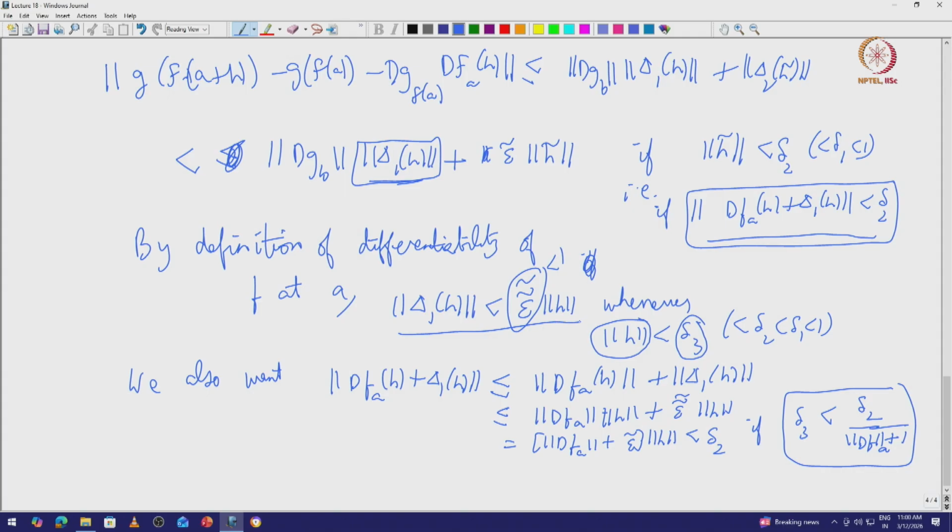Okay? So, norm h is so small that simultaneously this happens and this happens. Yeah? So, I hope this is clear. So, let's move on and proceed to estimate this part.